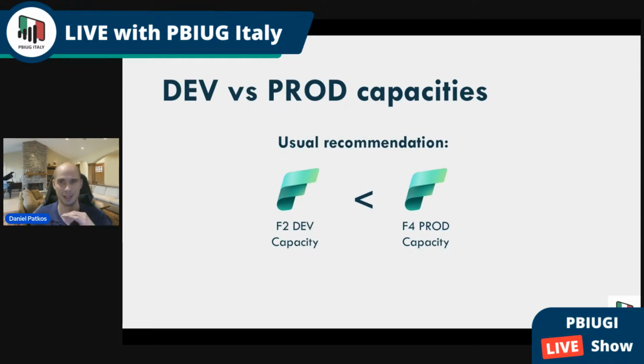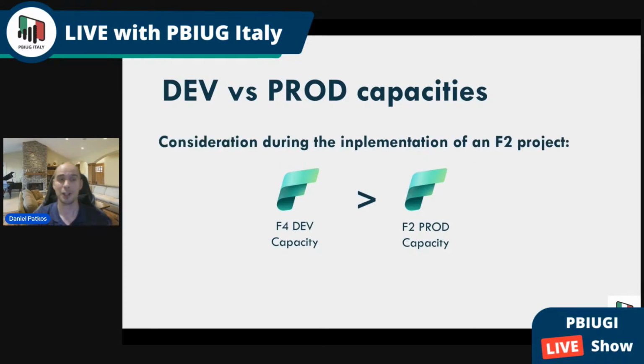On paper, this may make complete sense, but based on our experience, the situation was the exact opposite, especially during the implementation phase. So before go live with this solution, we actually had to use F4, or a higher capacity, for development, and use the lower F2 capacity for production.